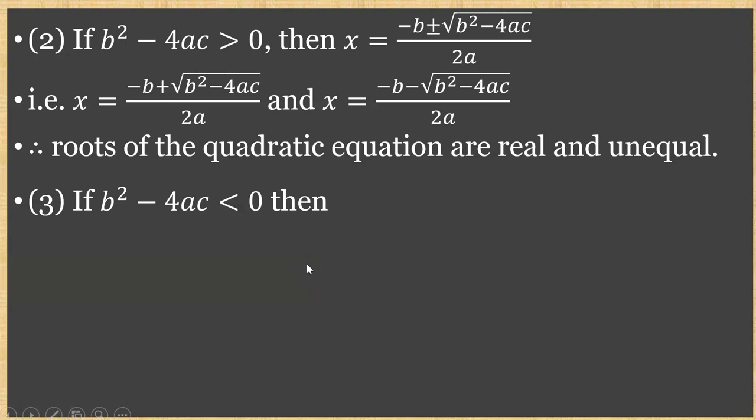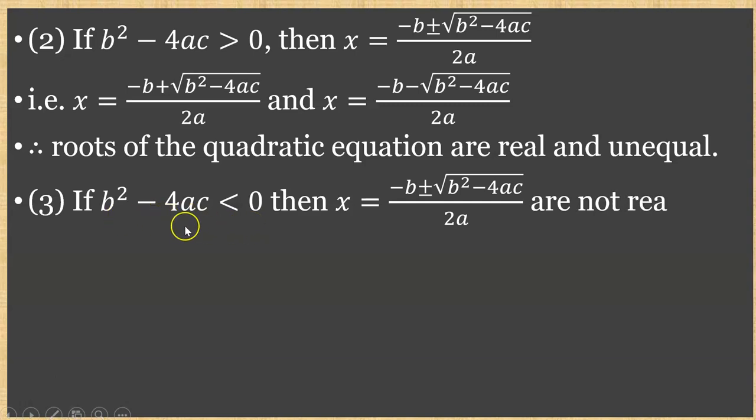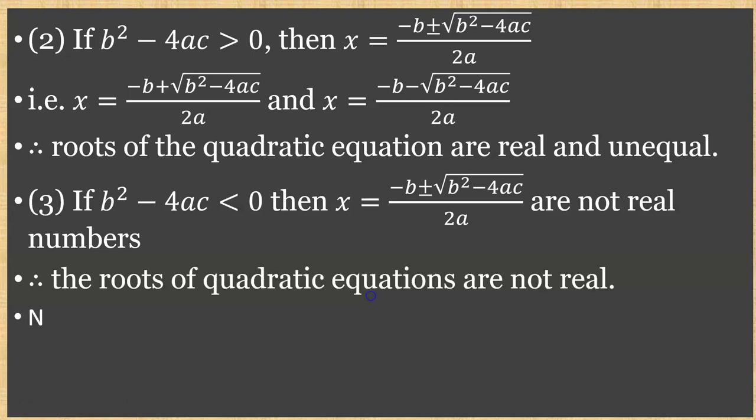And the third one, if b square minus 4ac is less than 0, means b square minus 4ac is negative असेल तेव्हा काय असेल? Then x is equals to minus b plus or minus root of b square minus 4ac upon 2a are not real numbers. The roots of quadratic equation are not real. Okay.